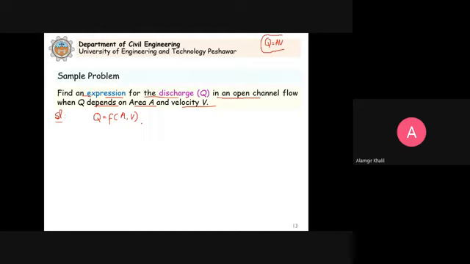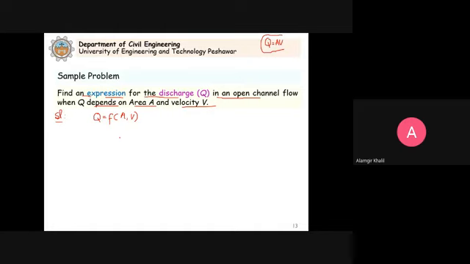If you miss important variables or bring in unimportant variables, the problem becomes complicated for you, of no benefit. So this is a very important step. Now we have identified the important variables, and we can proceed to apply dimensional analysis and see what we get. Clear?